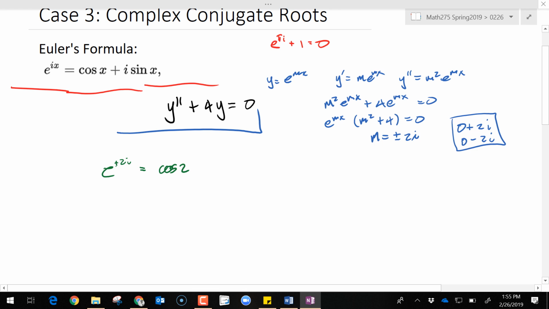This is m, so I need to say m times x. So 2i times x, right? So this is equivalent to saying cosine of 2x plus i sine of 2x.